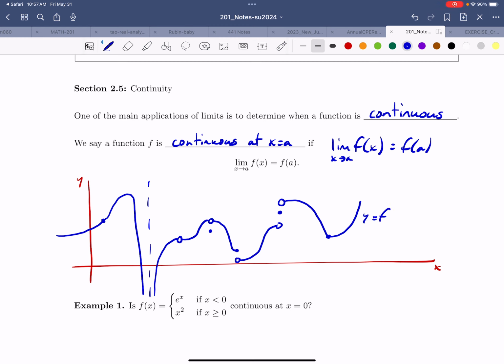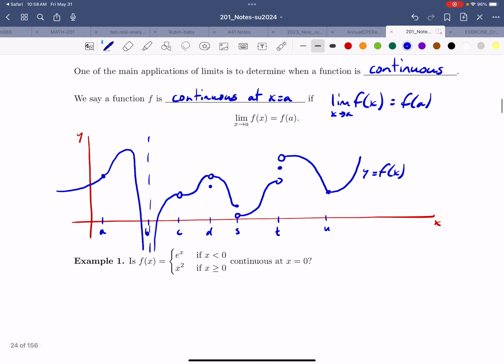And we'll say this is y equals f of x. So we've got a couple of values of interest: a, b, c, d. Now that we've defined e, maybe we'll skip that. Let's go over to s, t, and u, let's just say. All right. So anyway, is f continuous at each of the following?